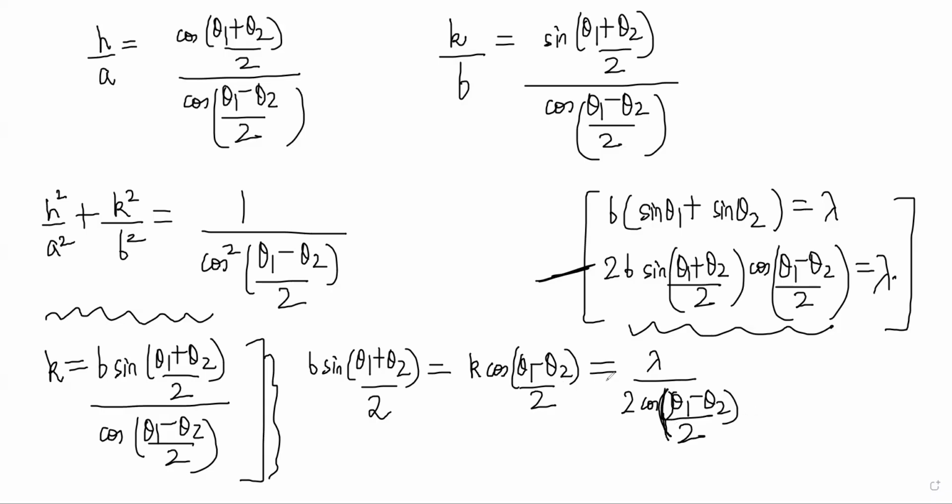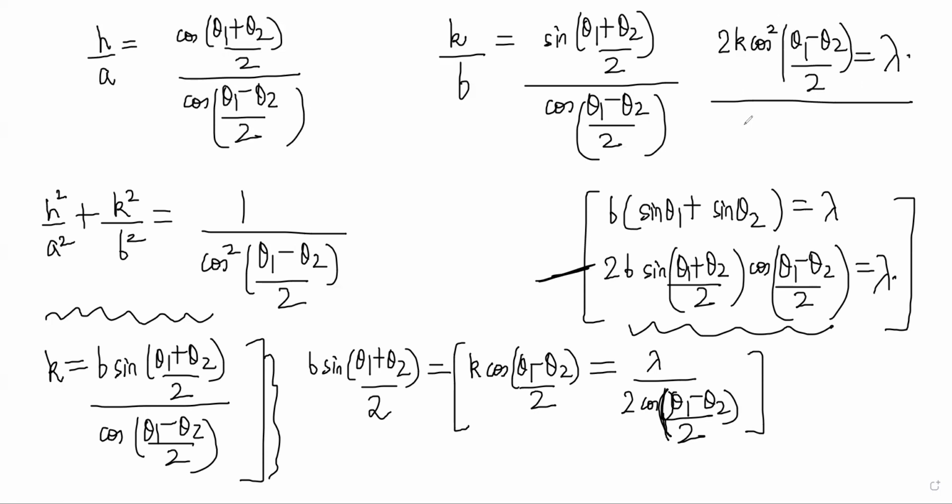So these two things are same. So we get 2k cos square (theta 1 minus theta 2)/2. So now combining this and this, we will get 2k cos square (theta 1 minus theta 2)/2 is equal to lambda, right? So we get 2k by lambda is equal to 1 by cos square (theta 1 minus theta 2)/2. So this is the situation that we have derived.